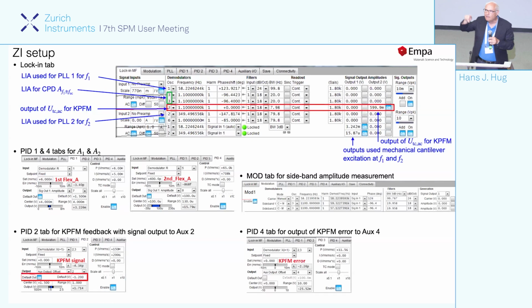Here for the Kelvin, we use the first sideband, and we use a PID2 for the Kelvin feedback with a proportional and integral factor that we figured out to optimize the speed of the Kelvin signal. And we use the PID4 again in this very strange way to also output the error to one of the AUX outputs that we can read. So that's how we operate the instrument.